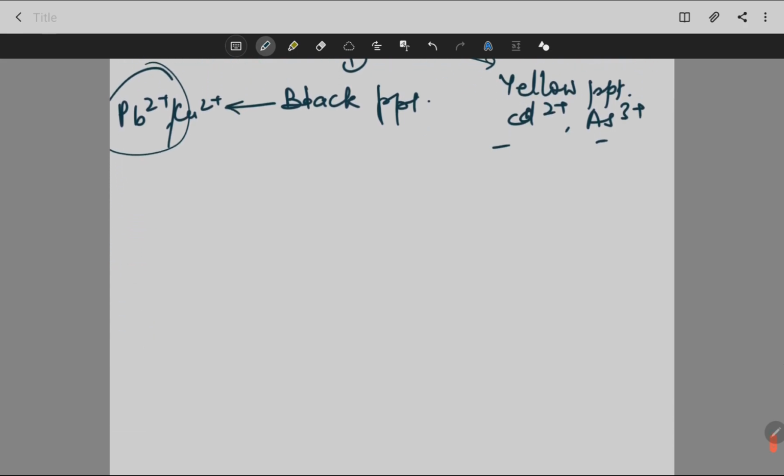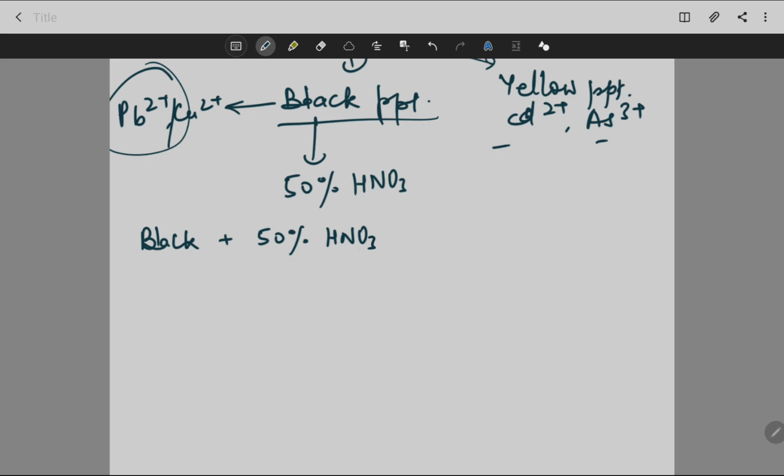So what do we do with this black precipitate if by chance we get it? The black precipitate is to be dissolved in 50% HNO3. How do we prepare this 50% HNO3? It is a 1:1 ratio of concentrated HNO3 plus water.